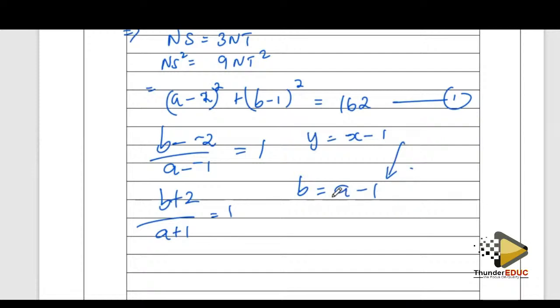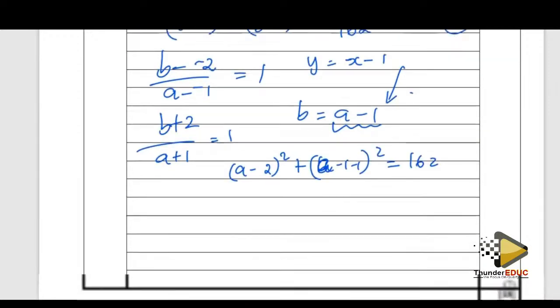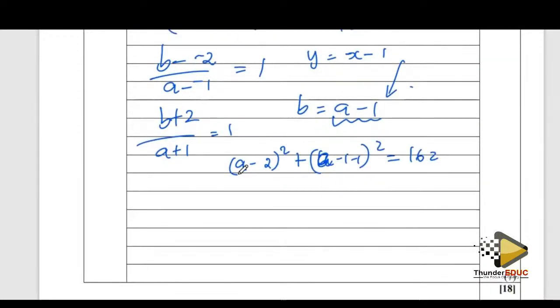Then we need to substitute this b with that. So it's (a minus 2) squared plus (b, which is a minus 1) squared, is equal to 162. Let's open this up.